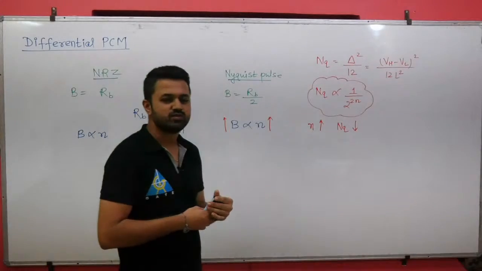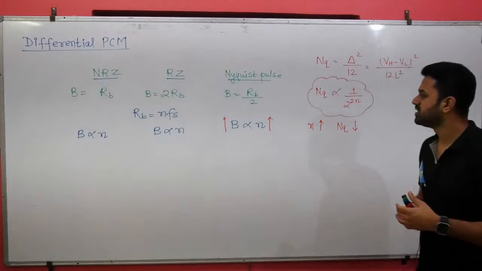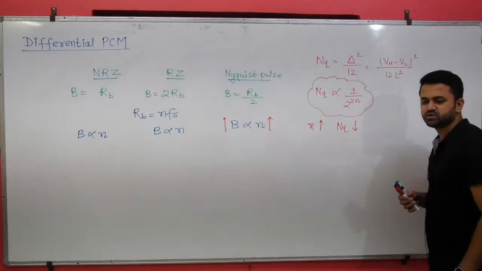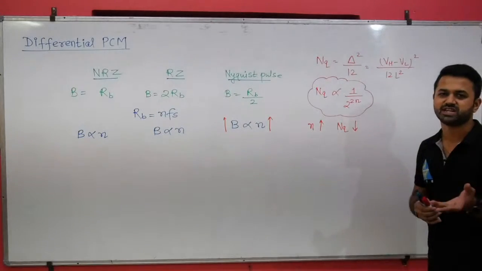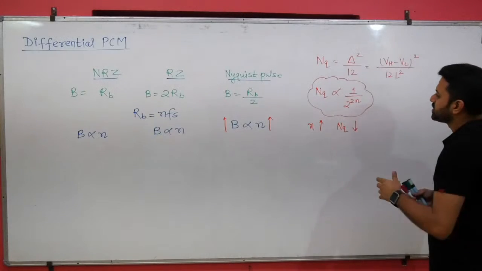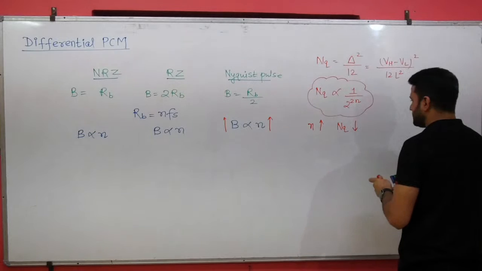So what will we do if we want to improve the signal to quantization noise ratio? If the number of bits increases, the SQNR improves, that is okay, but we cannot increase the number of bits beyond a certain limit. So we have to fix the number of bits.